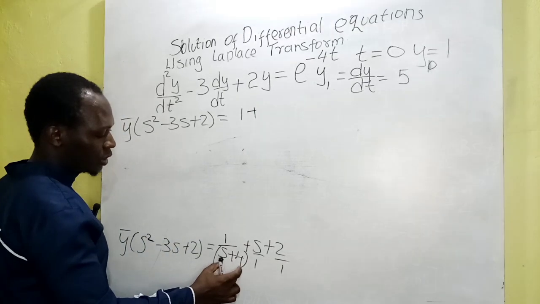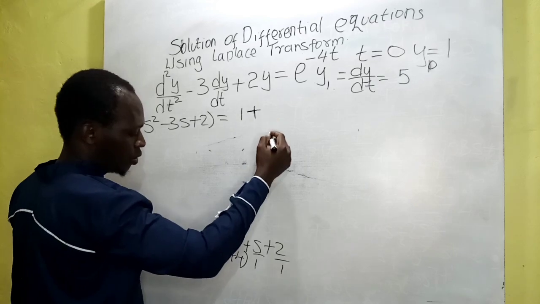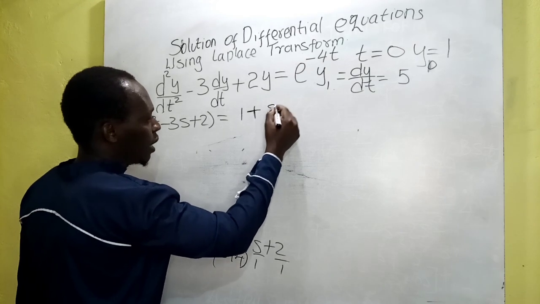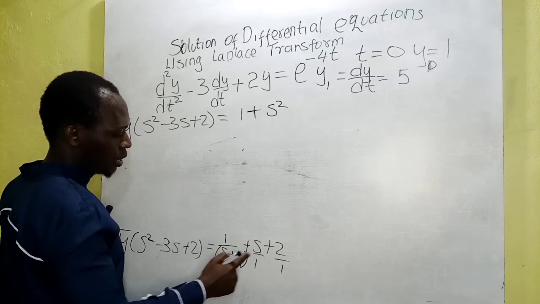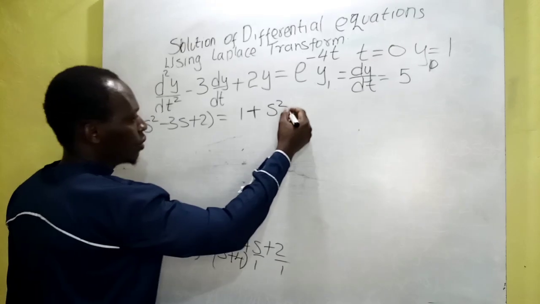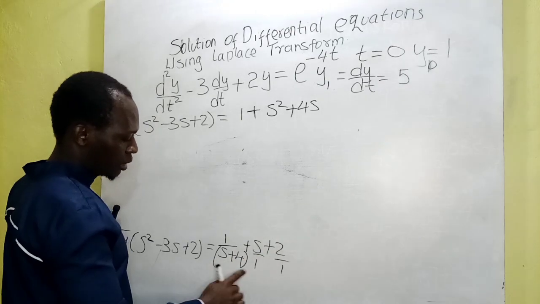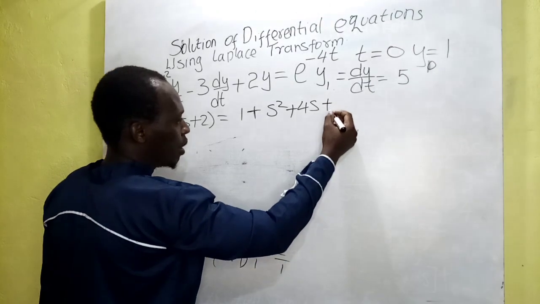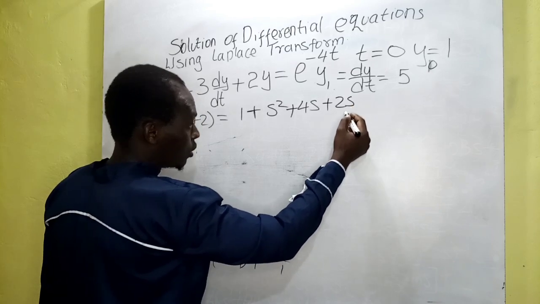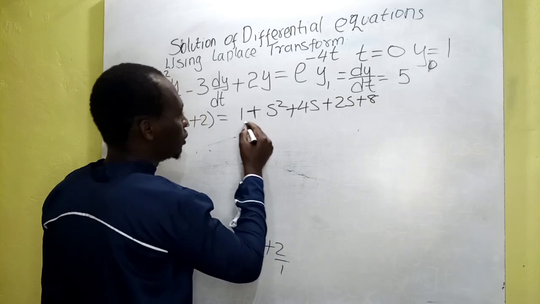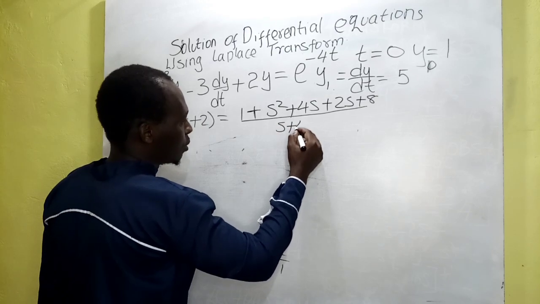We add 2, we take our function here, we multiply by that, and we will have s squared, because s multiplied by s is equal to s squared. S multiplied by 4 is equal to 4s. We take 2, we multiply by everything, we are going to have a positive of 2s. We add 8, and everything is going to be all over s plus 4.